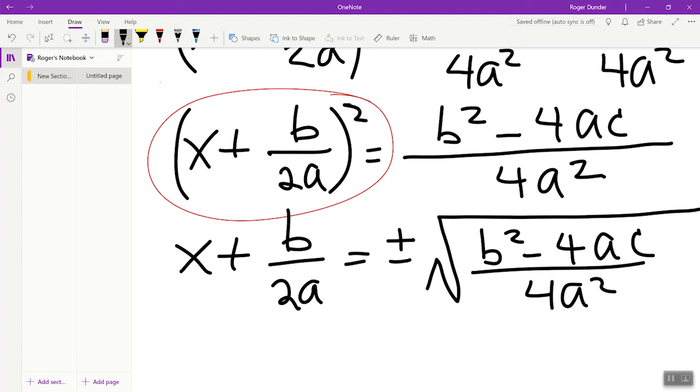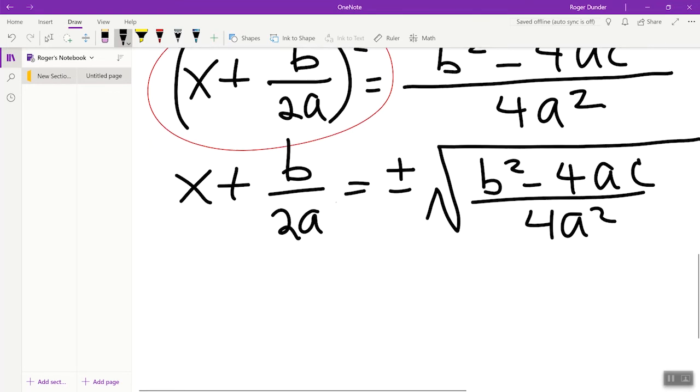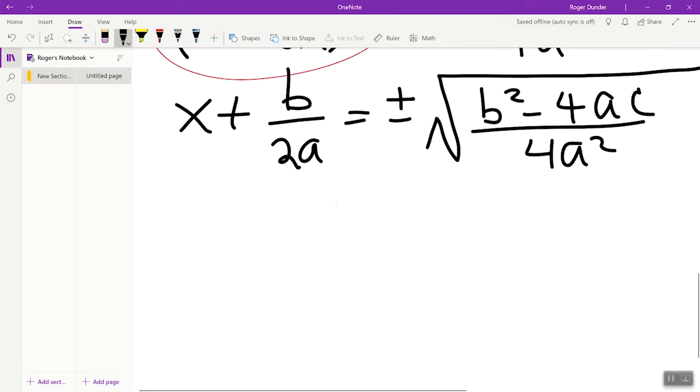Now you look at the radical on the right, and you notice that the denominator, 4a squared, is the square of 2a. 2a times 2a is 4a squared. So we can rewrite this again and separate that right side.